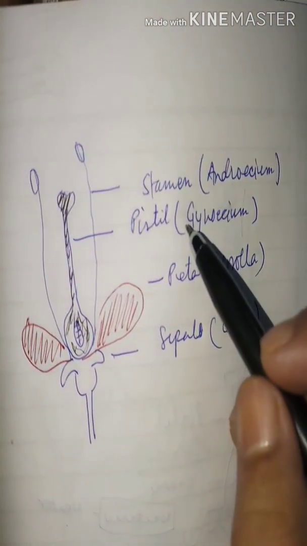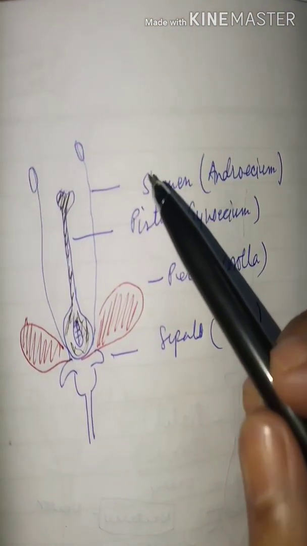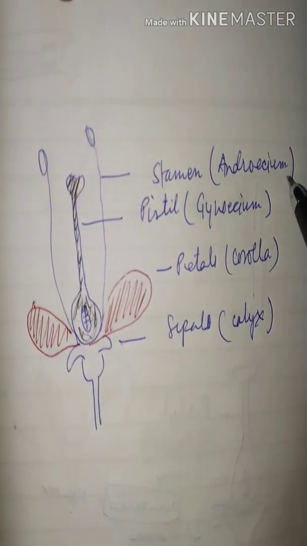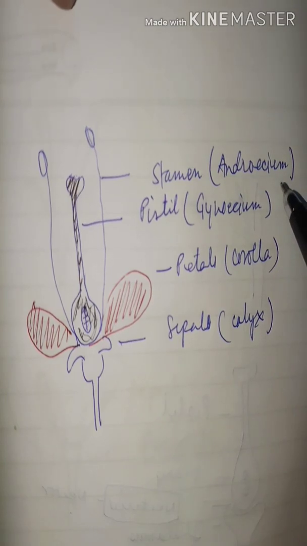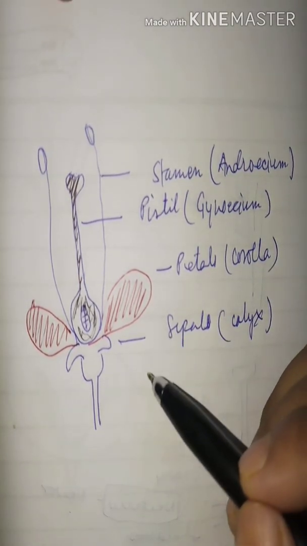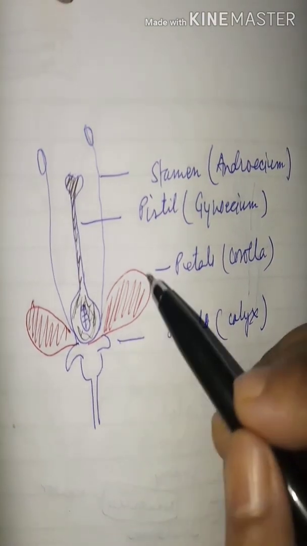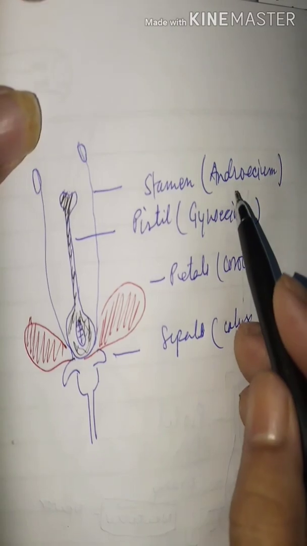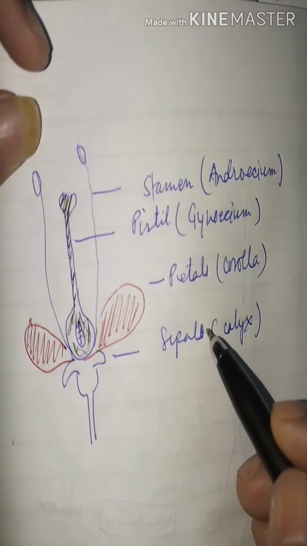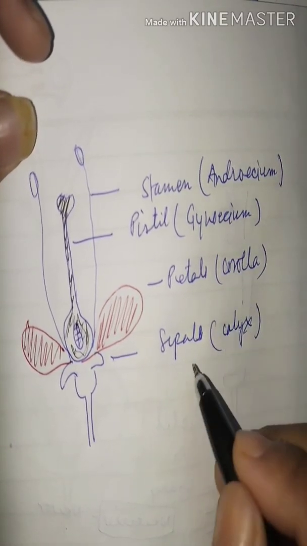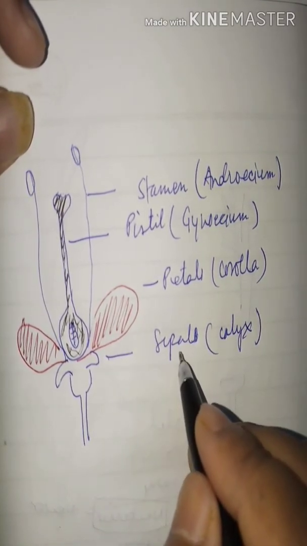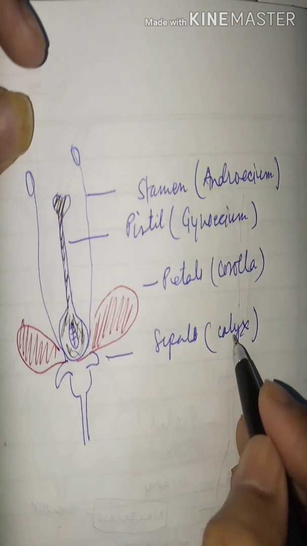Before going to the next topic, let's revise the parts of a flower. These are the 4 parts or floral appendages that grow over the thalamus in particular whorls. In the outermost, these are the green parts known as sepals, collectively known as calyx.